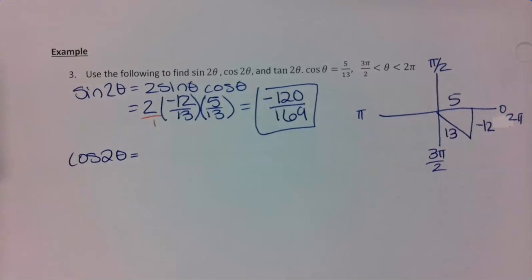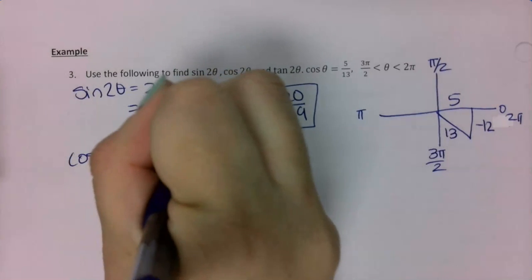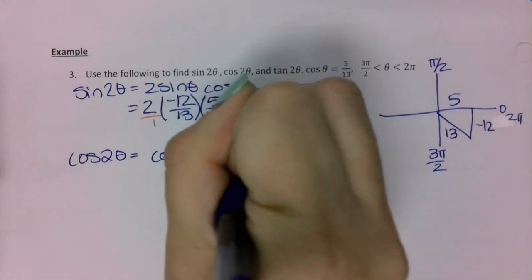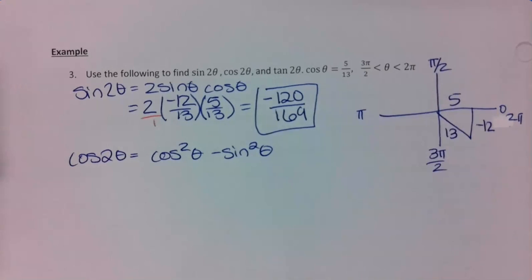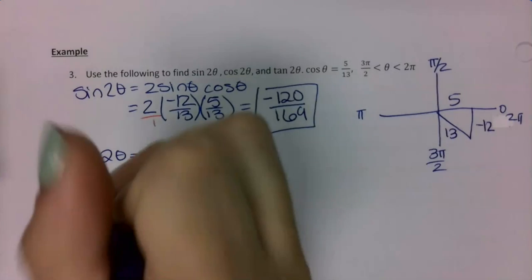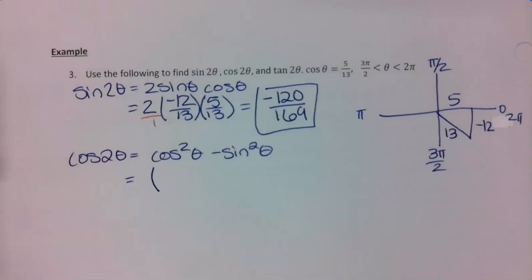Okay, so my cosine 2 theta formula was cosine squared minus sine squared. So I am going to plug into those two formulas. I am going to write my fraction and then square it. So what was cosine?